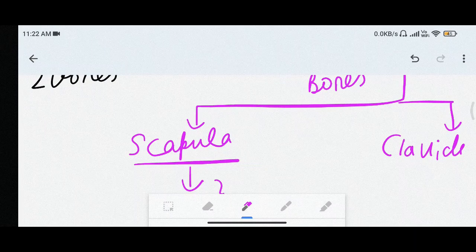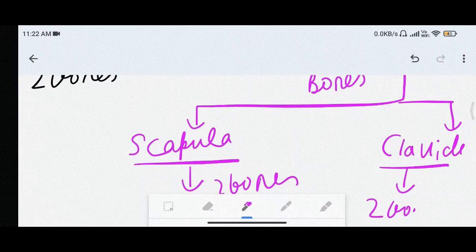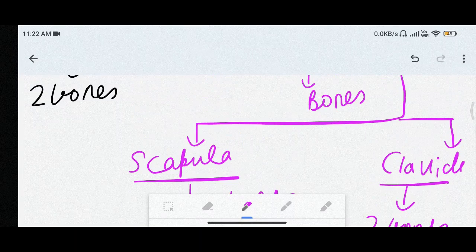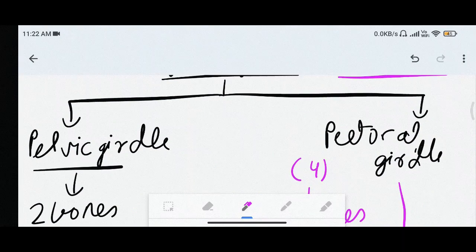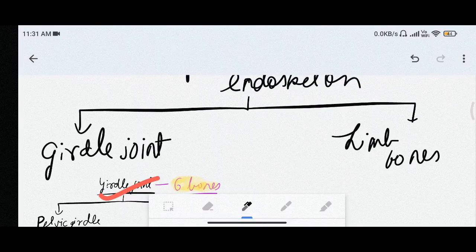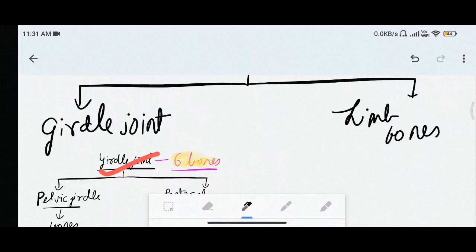Scapula is of 2 bones and clavicle is also of 2 bones. Okay, so we have completed the girdle joint part. This one part is completed.